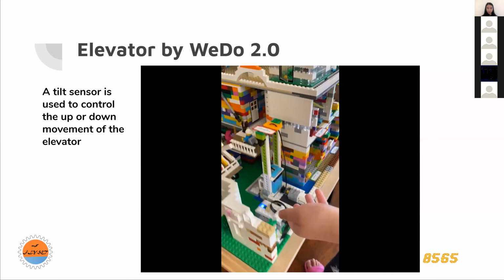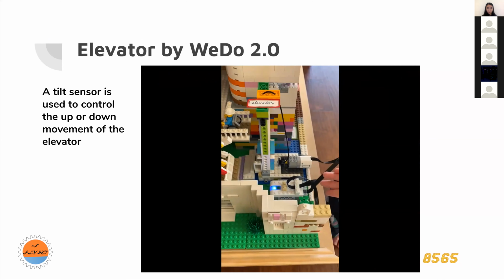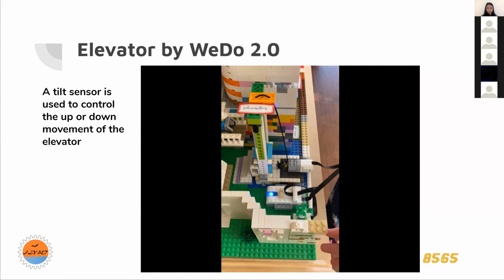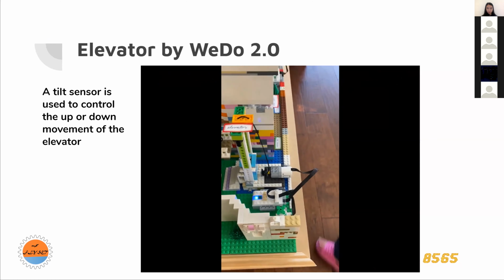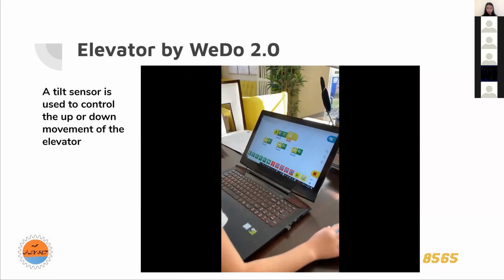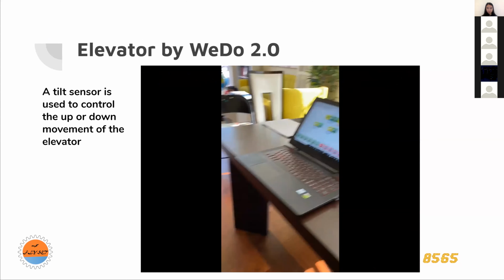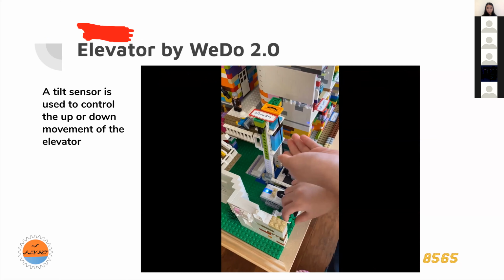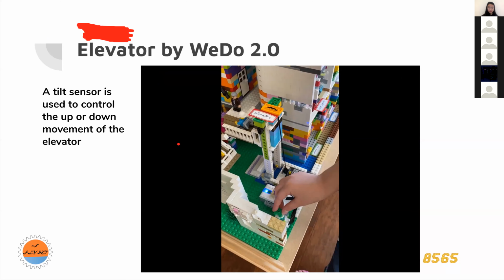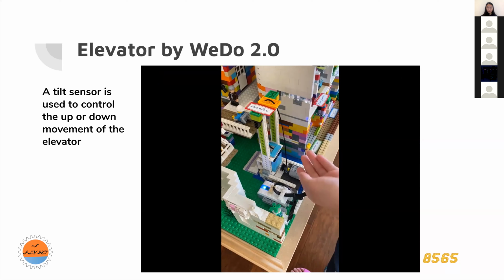These elevators are controlled by a tilt sensor, as shown here, to control the up or down movement of the cart. Here is a demo. See the elevators going up. Now it is going down.